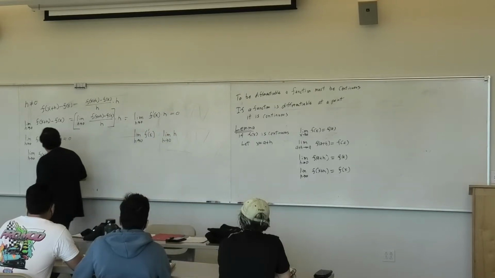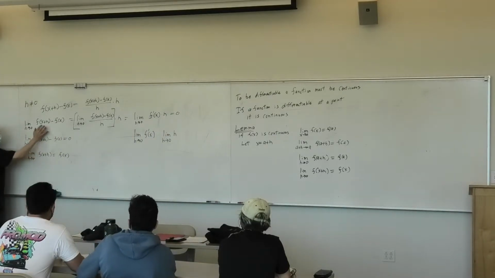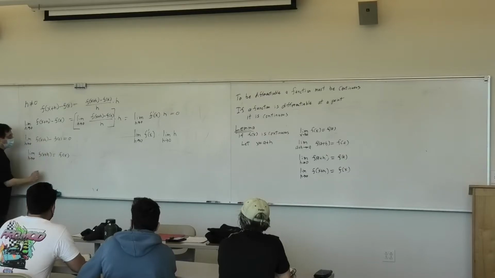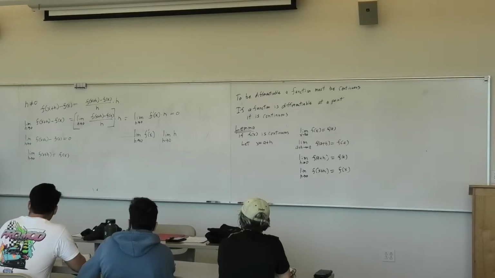So my conclusion is that this limit on this side is equal to 0, but f of x doesn't depend on h, so I can say that this limit goes to f of x. I think what's confusing about this is I'm starting with the assumption that f of x is differentiable.